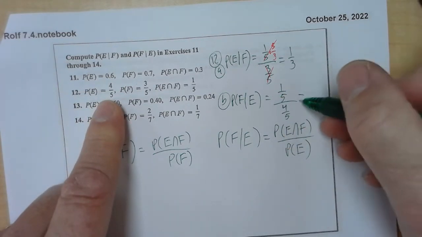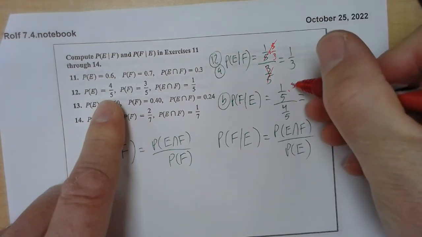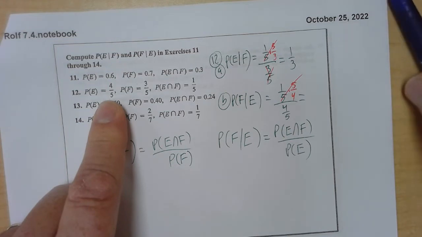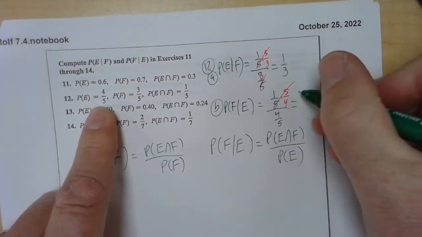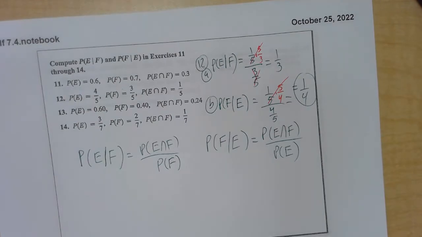So we keep, switch, flip. This flips up and becomes 5/4, and those cancel out, and we get 1/4. So they're different answers. There are probably situations where they could be the same, but they are definitely different.